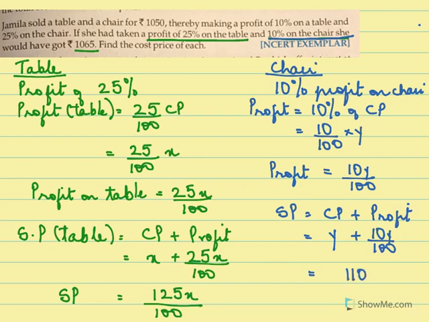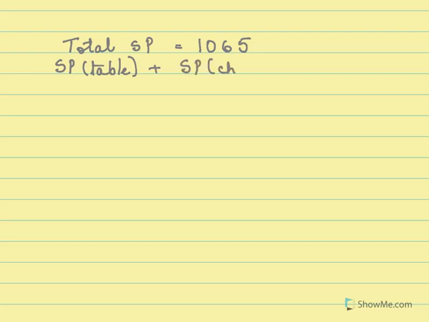So this works out as 110y over 100. That is the SP of the chair. Now it is given to us the total SP in the second case equals 1065 rupees, which means SP of table plus the selling price or SP of chair equals 1065.